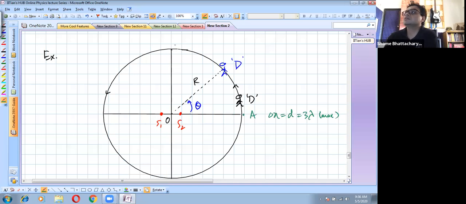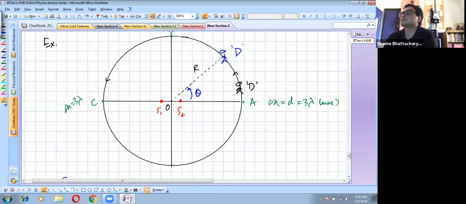Whereas suppose this point we label as B. So here your delta x is 0. Then again over here your delta x is 3 lambda. Then again below at this point, delta x is 0.